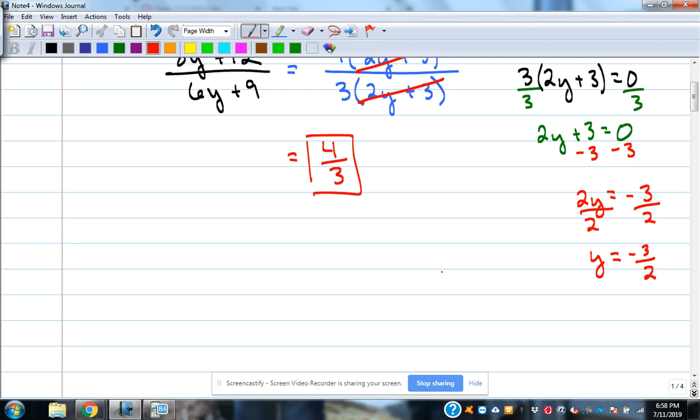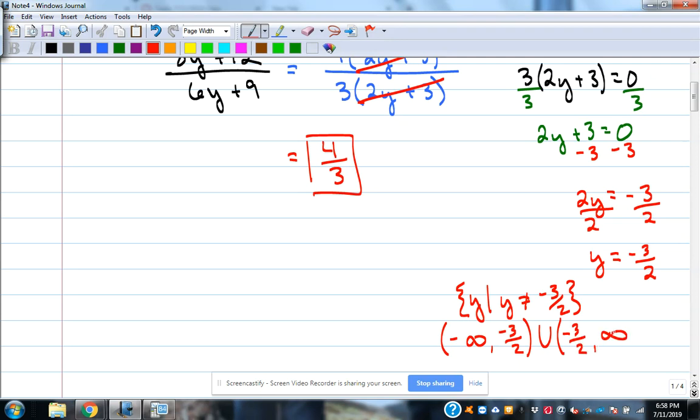And so our domain for that would be all y as long as y does not equal negative 3 over 2. Interval notation for that would be from negative infinity to negative 3 over 2, union negative 3 over 2 to infinity. So that would be our restrictions on that particular problem.